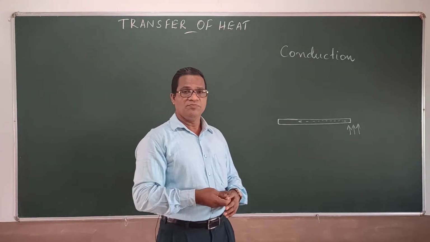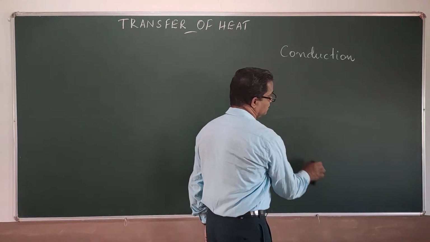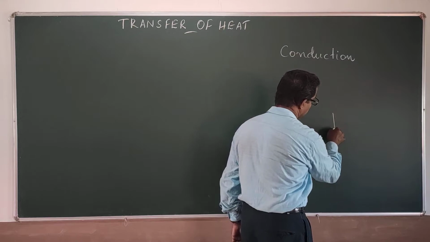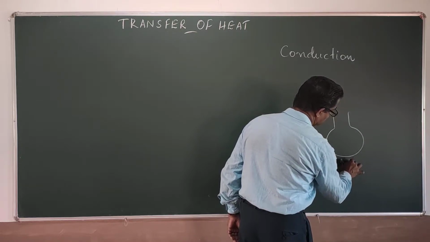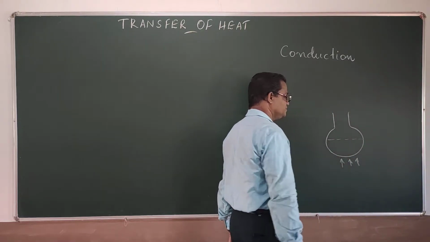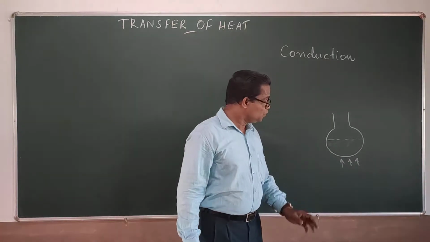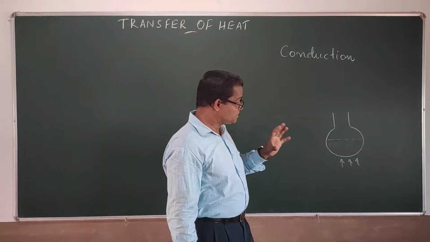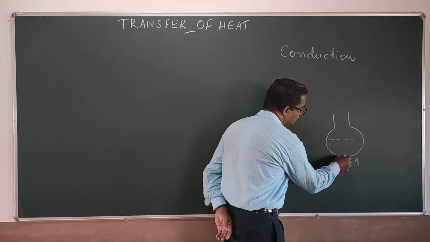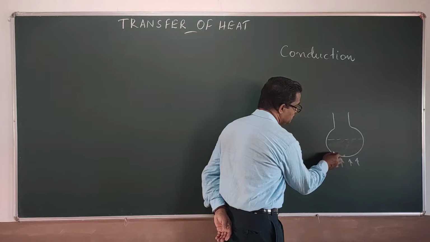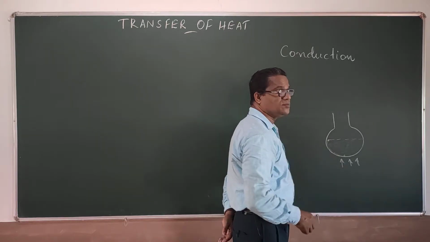And let us go to the next type, where let us assume that you are heating water in a beaker. If you observe it clearly, you can find that as the heating is taking place at the bottom, the particles of water move through the sides of the wall and reach the upper side.